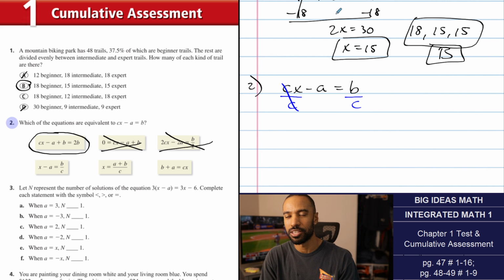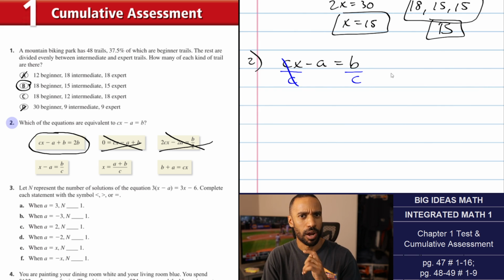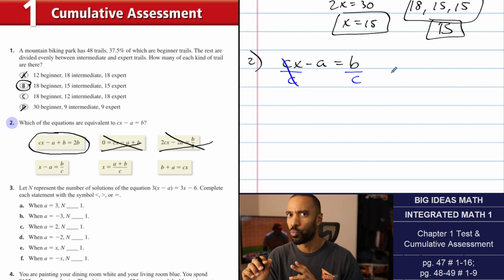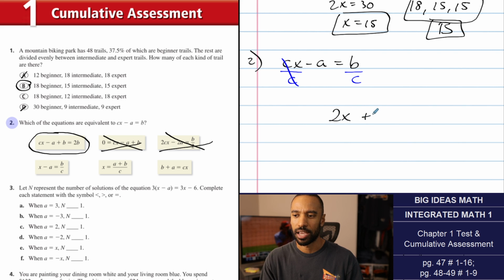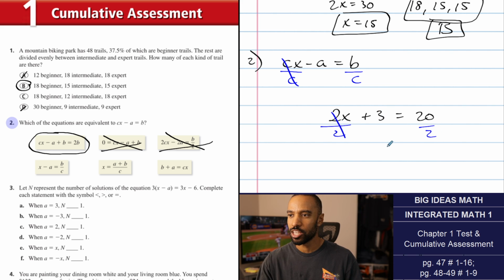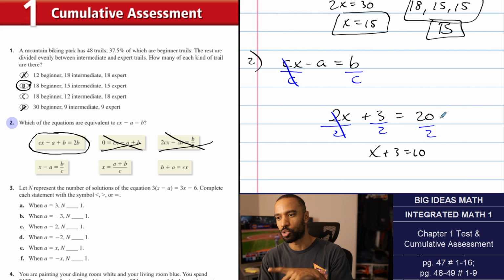I bring that up because, and I'm trying to think of the problems that it would happen in, generally in these other problems you wouldn't do this. But if I had like 2x plus 3 equals 20, some people might go like, oh yeah, divide these by 2, boom. And then you got x plus 3 equals 10. You can't do that. 3 has to divide by 2 as well. That's the very reason why we tend to subtract 3 first.